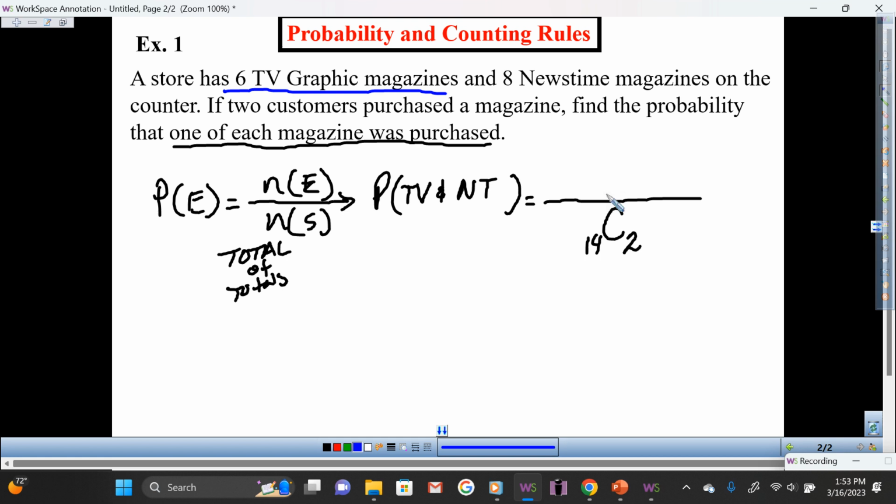Does the order matter? No, so we write C. So how many total for the TV magazines? 6. And how many are going to be sold? 1. Okay. But in this case, since we have 2 different ones, we need to multiply that times the next one.